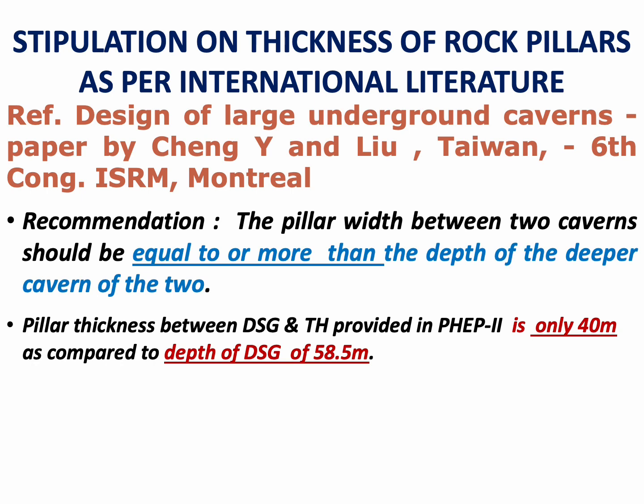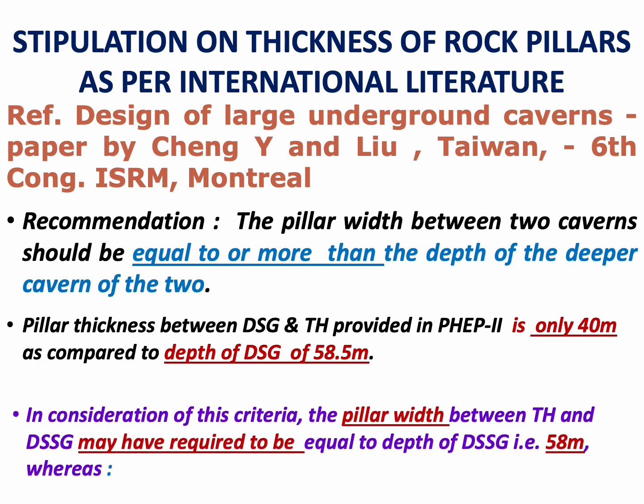So 40 meter thickness of the pillar is provided against the depth of Downstream Surge Gallery 58.5 meter. If we have to go by this principle, then it should be at least equal to or more than the depth of the deeper cavern of the two. That means it should be either equal to 58.5 meter or more than 58.5 meter, but not 40 meter, which is provided.